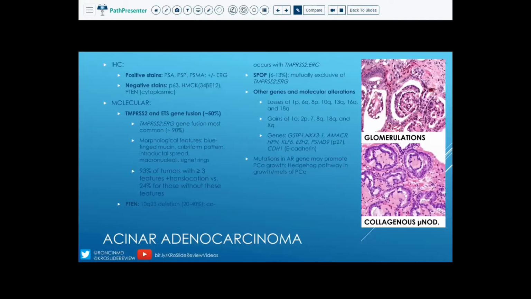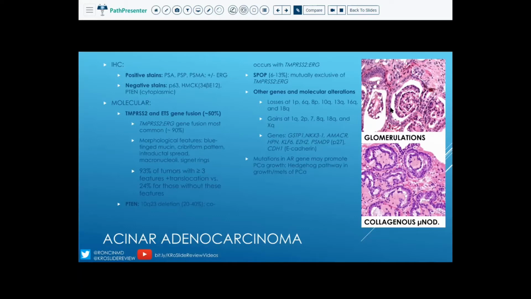So here, the glomerulation, you can see how it's trying to look like a glomerulus, versus your collagenous micronodules. I wanted to show these side by side because they can look somewhat similar at low power. You just have to decide whether this is mucinous fibroplasia or tumoral cells.